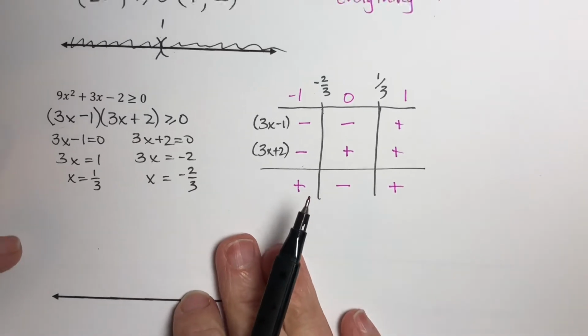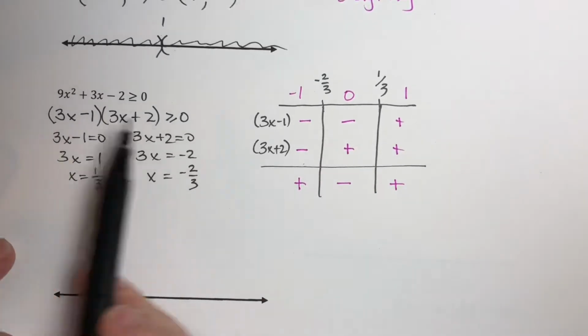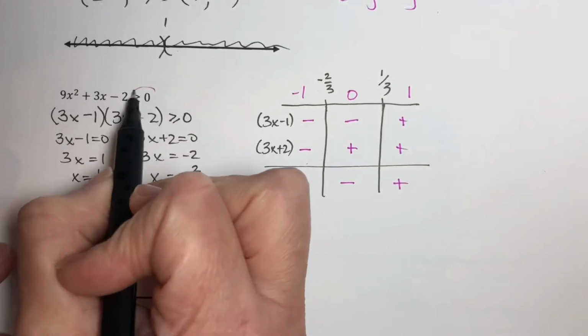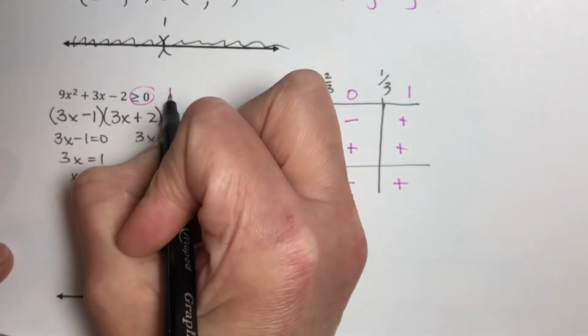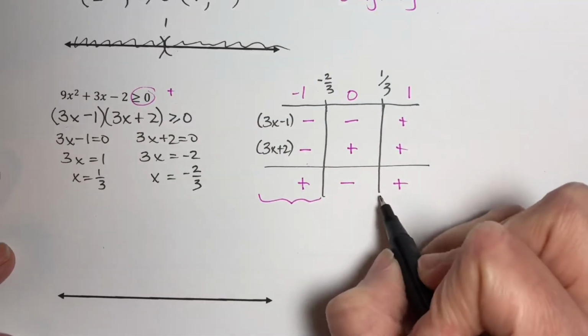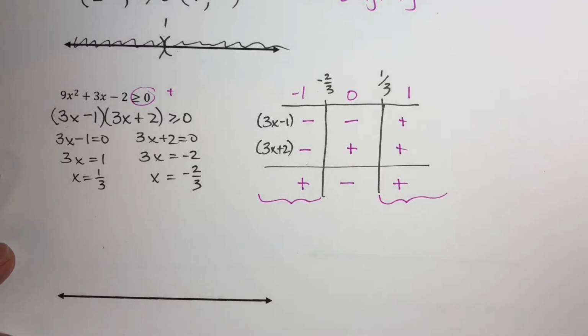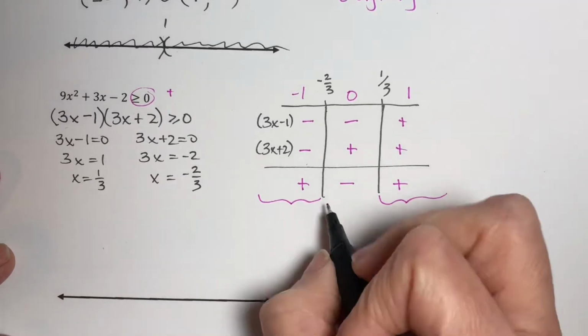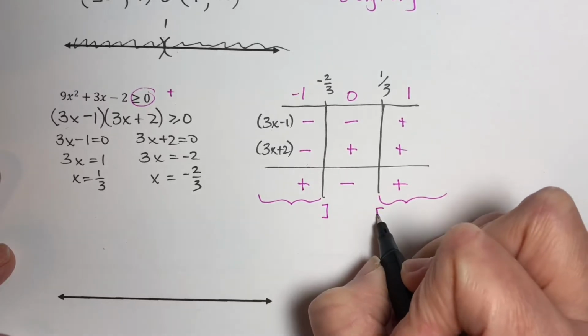Okay, so now let's look to see whether we're looking for a positive or a negative answer. This is supposed to be greater than or equal to 0, so I'm looking for where it's positive, which is here and here. And am I allowed to equal 0? Yes. So I'm going to use a bracket here and a bracket here.